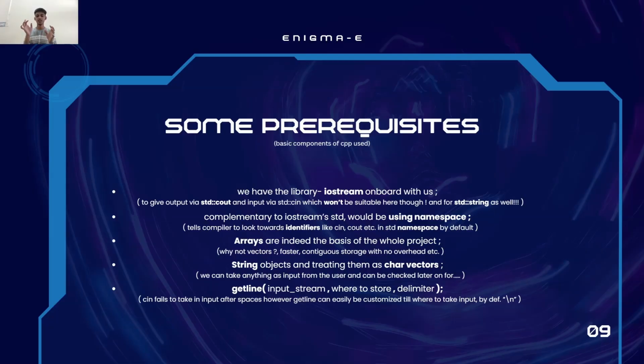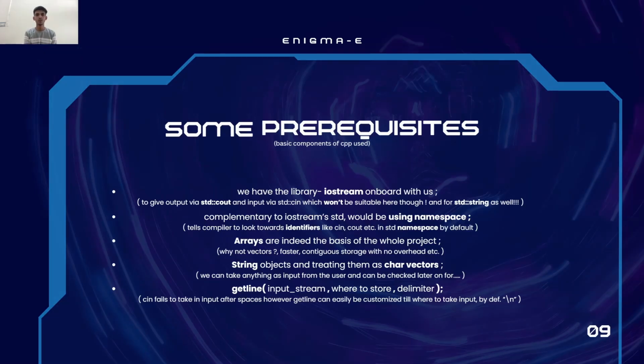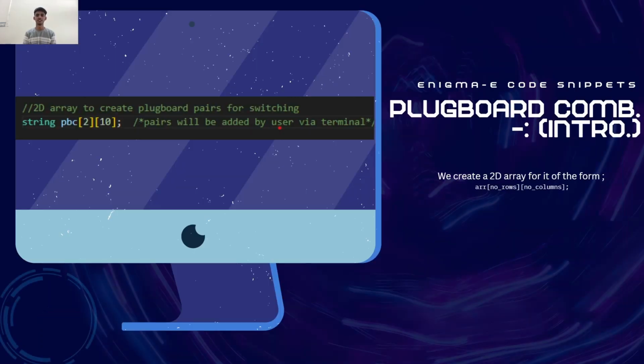Suppose I mentioned a space, that means it won't take input after the space. If I don't mention anything, then by default the delimiter is set to the newline. Basically, whenever you press enter and go to the new line, it would stop taking input. So the initial part will be taken as input, and after that if you type anything, it won't be taking any input. Let's quickly go forward to the plug board and rotor settings then.